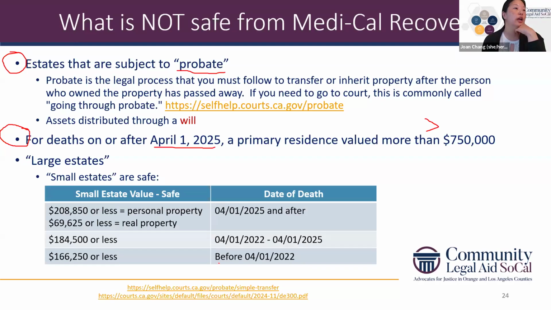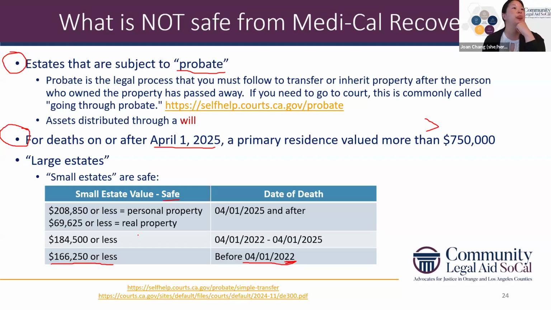If you passed away before April 1 of 2022, then a small estate would be considered this amount, 166,250 or less. If you have this amount or less and you passed away before April 2022, then your estate is considered small and it's safe from Medi-Cal estate recovery.